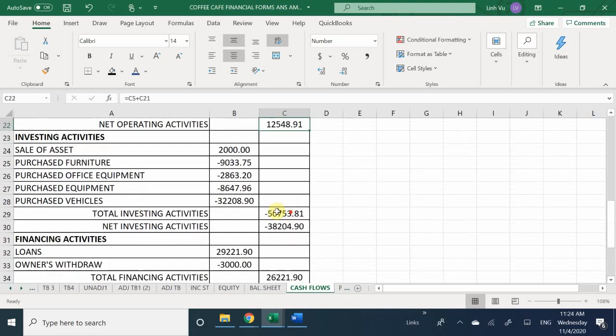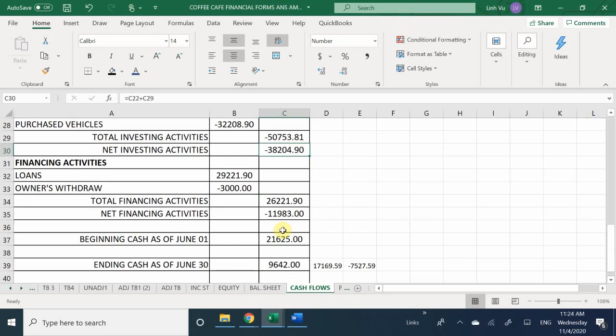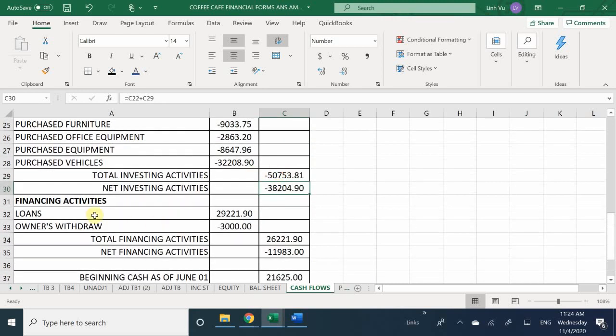We need to calculate our total investing, and then that's what the net value is. We took this number, added this number to it to get a negative 338,000. Then what you're supposed to do with your financings, you add up the total, and this number is going to be this plus this. So I have a negative 11,000.